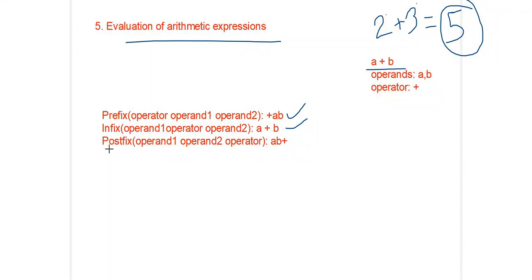In postfix, the operator is placed after the operands. Here we have two operands a and b, and after them the operator is placed. a b plus is postfix notation, a plus b is infix notation, and plus a b is prefix notation.